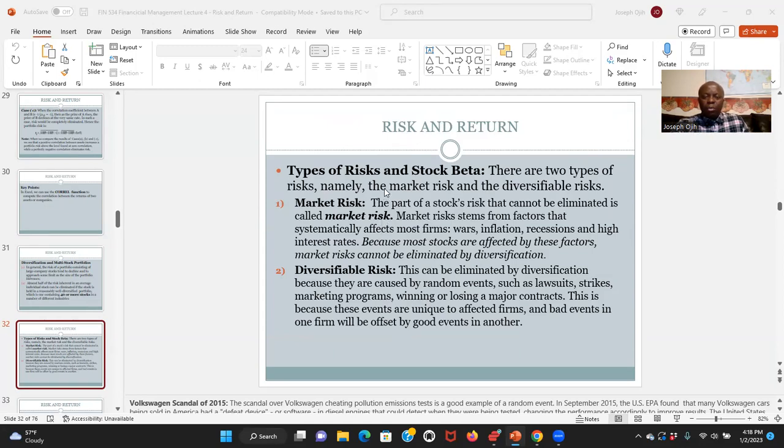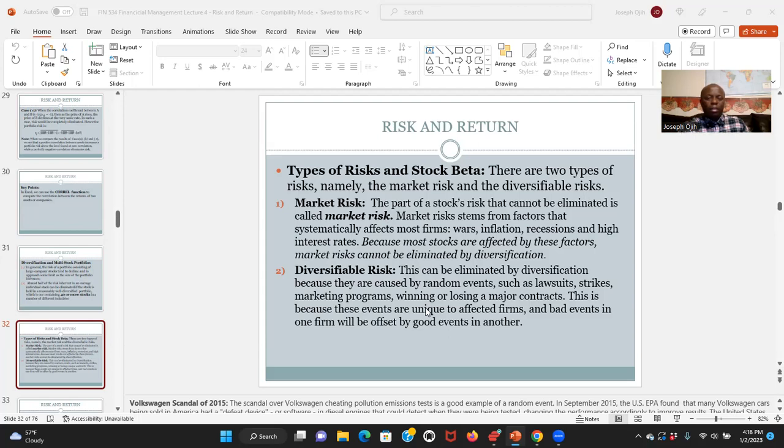So let's begin with types of risk in the market, and then we can take a look at stock beta. There are two major types of risk. One of them is the market risk. The other one is the diversifiable risk.